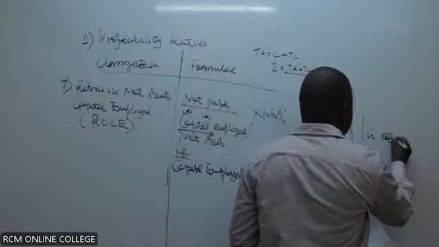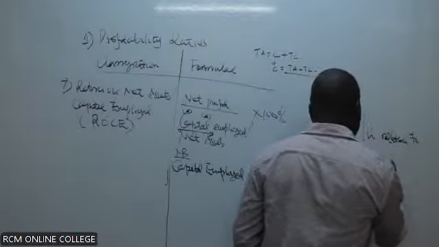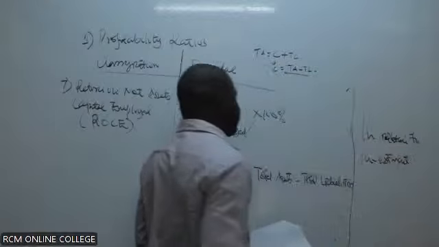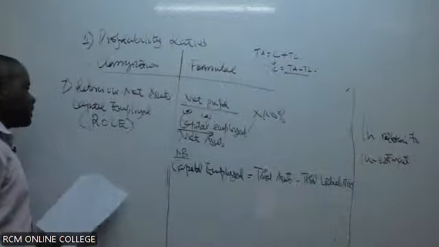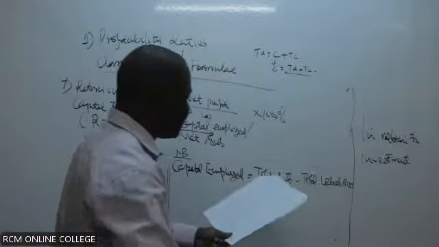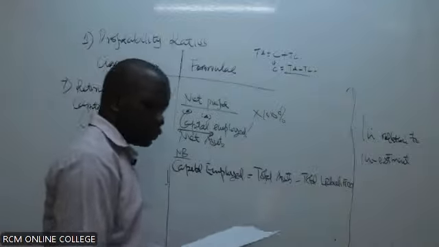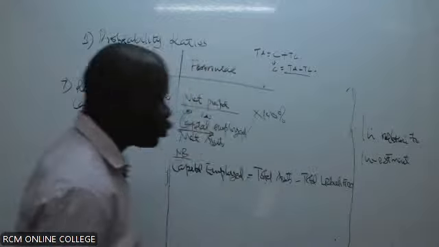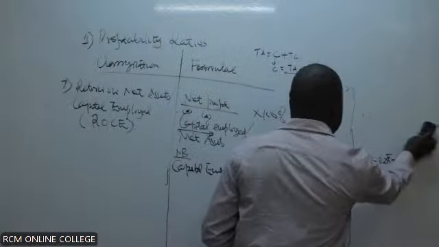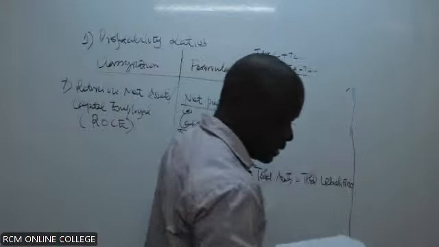These ones are in relation to the investment that has been put in, what we've been able to put in as capital, what we've put in as total assets. So they are in relation to investment.